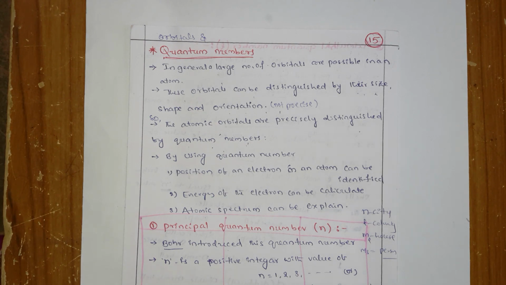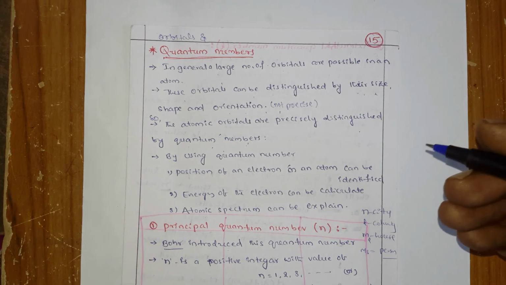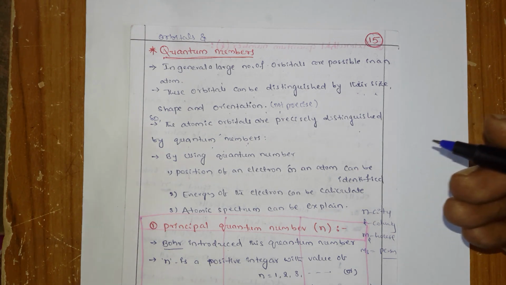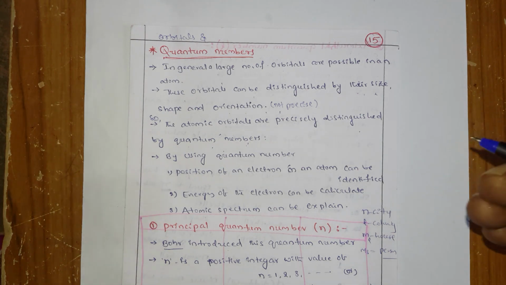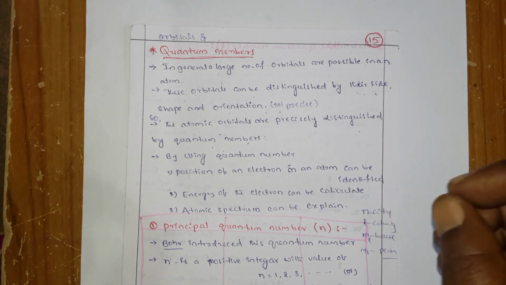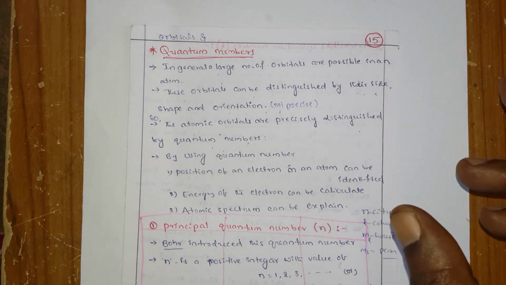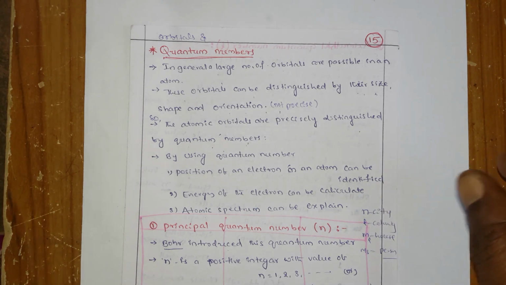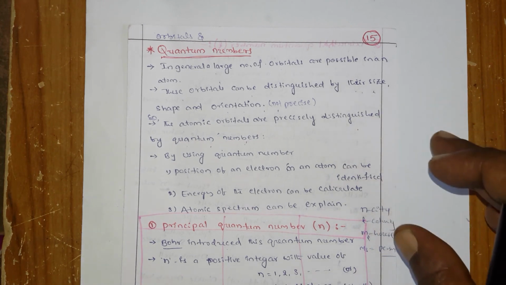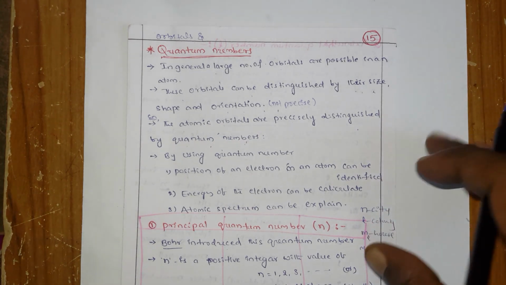India is classified into states, then districts, then mandals, and after that villages and house numbers. Here too, they used some numbers, the quantum numbers, to classify and distinguish orbitals precisely.